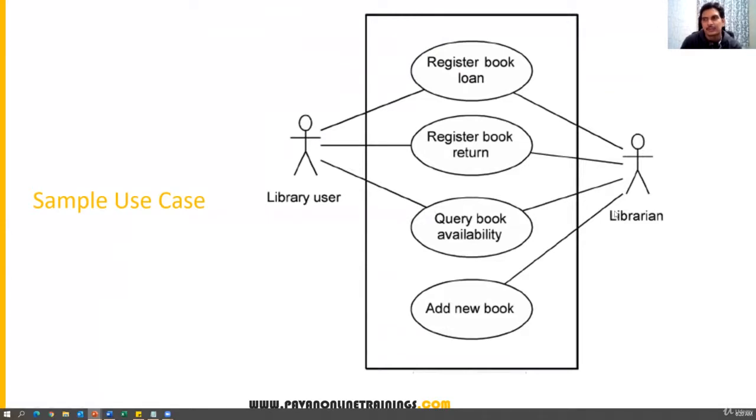These are the items the user can perform. And what the librarian can perform is adding a new book. By seeing the picture, we understand the flow. As a user, what actions can I do? As a librarian, what actions can I do? So this is a simple, small use case which describes a requirement.